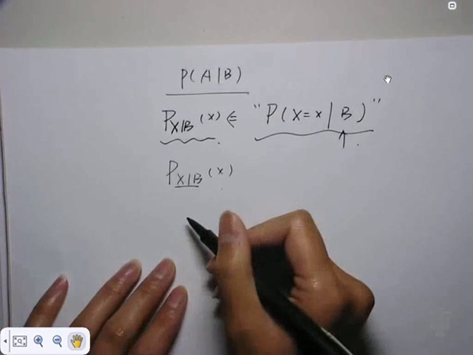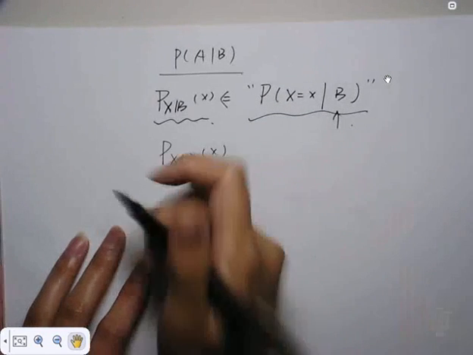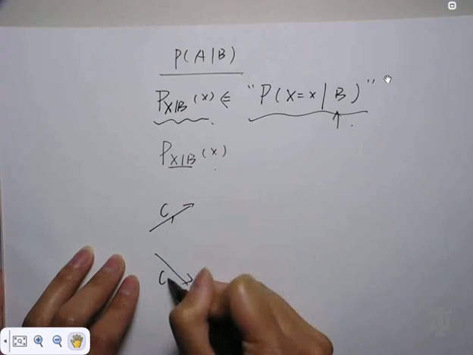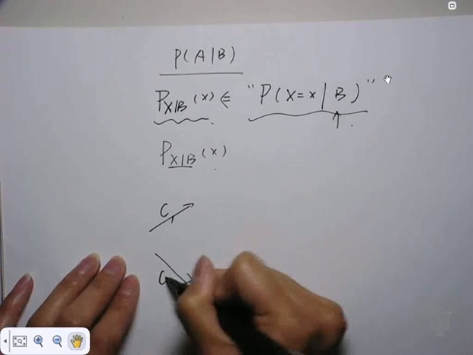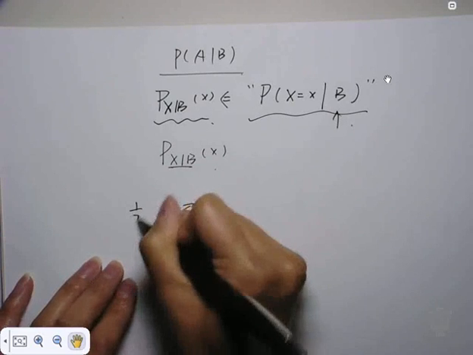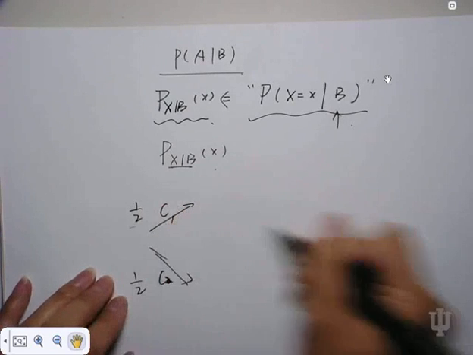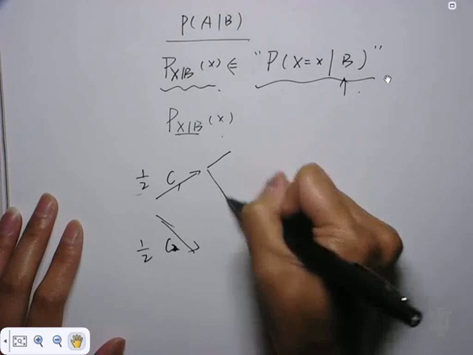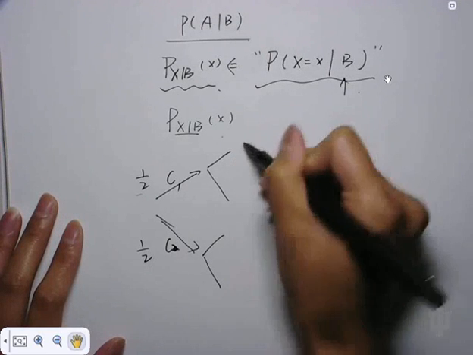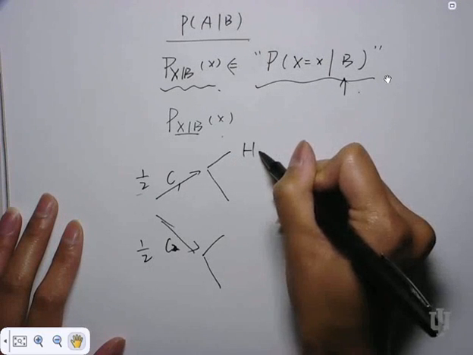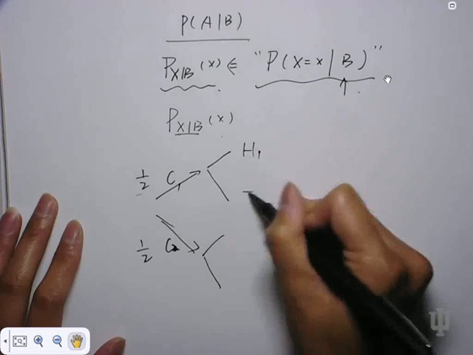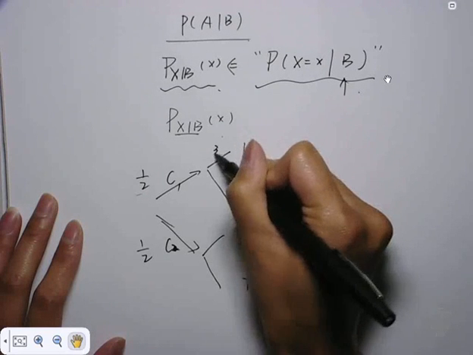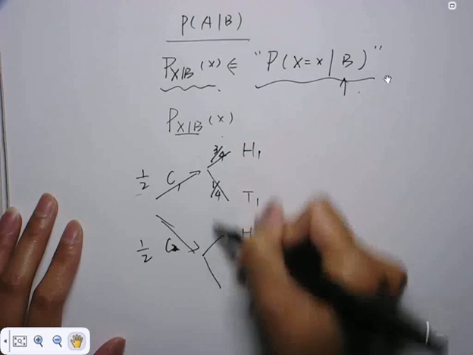For example, the coin. We have 2 coins. I have 1/2 probability to use C1, 1/2 probability to use C2. Remember we did this before.